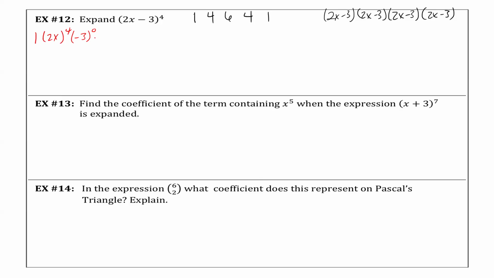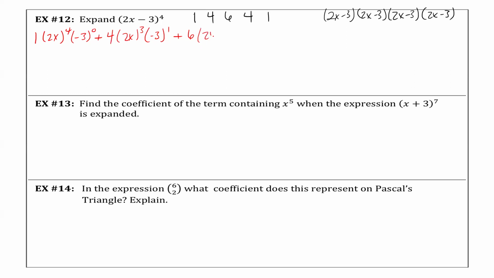All right. So we have +4, because that's the next. Yes, +4. And now we're at 2x to the 3rd, -3 to the 1. Those are your leading coefficients that you're starting off with. Yes. So we have 6.